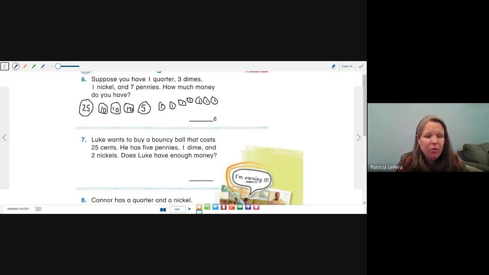So I start with my quarter. A quarter is 25 cents. 25 plus 10 is 35. Plus 10 more is 45 cents. Plus 10 more is 55 cents.